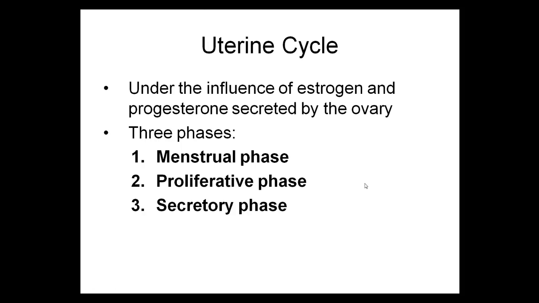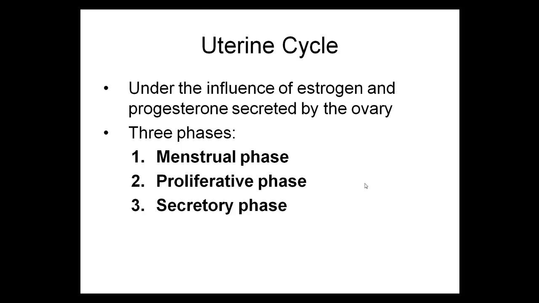The uterine cycle belongs more to the physiological aspect and the function of the uterus more than the anatomy, but the uterus will undergo changes, and the changes are induced by the estrogen, initially the estrogen, and that will induce what we call the proliferative phase, where the stratum functionalis will multiply and get bigger and thicker.